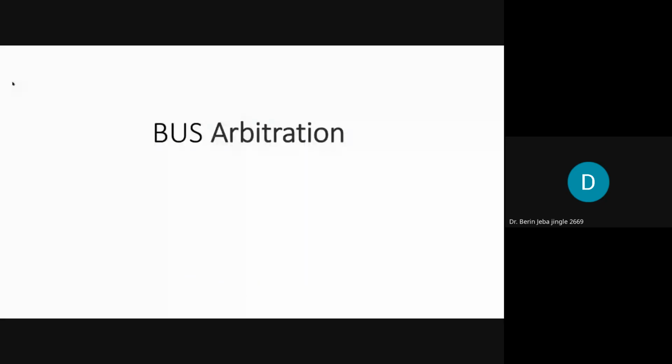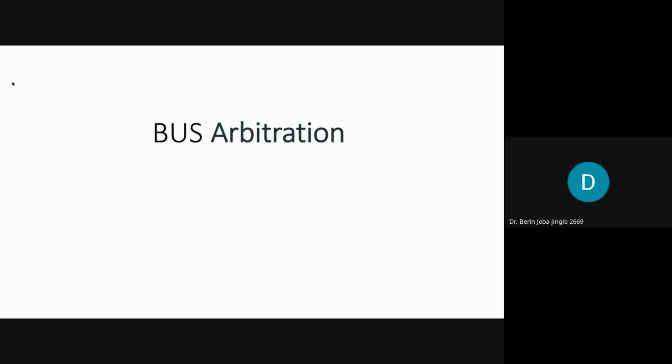Next we are going to study another thing, that is bus arbitration. You all know now what is a bus, the system bus.